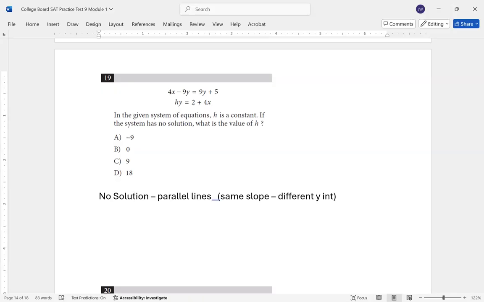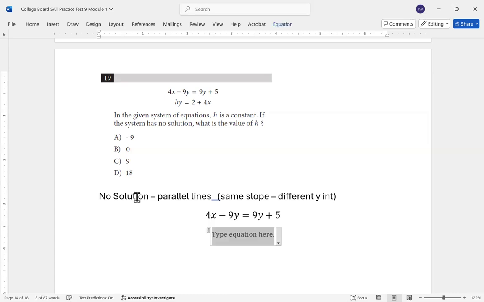So what I would do is start with that first line, 4x minus 9y is equal to 9y plus 5, and find the slope by converting it into slope-intercept form. The way I would do that is subtract 4x from both sides and then also subtract 9y from both sides.